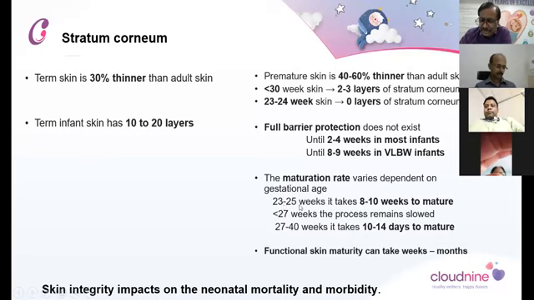For 23 to 25 weeks, it takes almost 8 to 10 weeks to mature. Less than 27 weeks is slightly slower than this. What we commonly see in our practice, 27 to 40 weeks, usually takes around 2 weeks to mature. And functional skin maturity can take weeks to months. As you all know, skin integrity impacts neonatal mortality and morbidity. So our main intention is to maintain skin integrity.